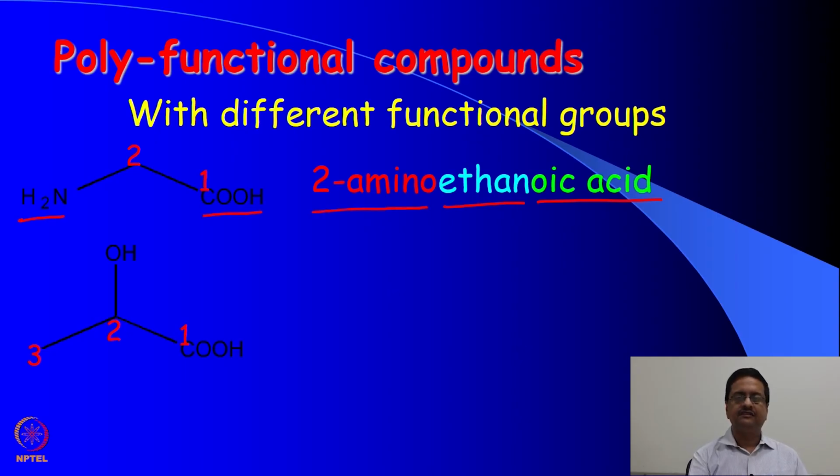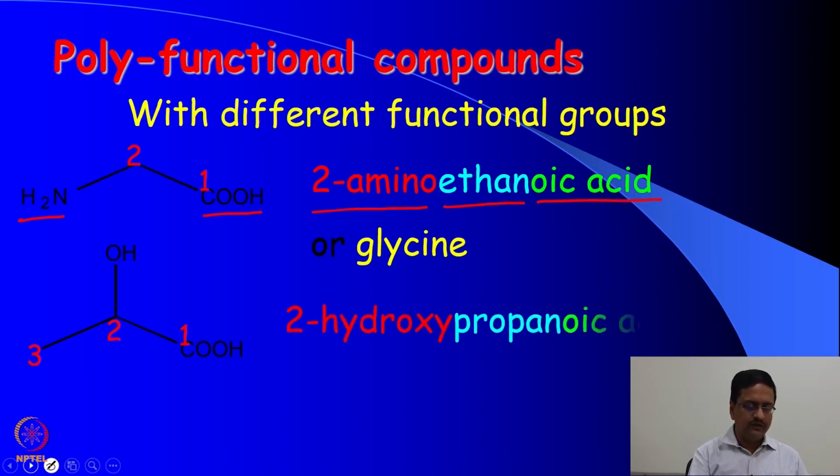So, the name appears as 2-aminoethanoic acid, or the common name is glycine. The second one is 2-hydroxypropanoic acid. Again, here the acid is a 3-membered chain, so it is propanoic acid, and the substitution is 2-hydroxy.